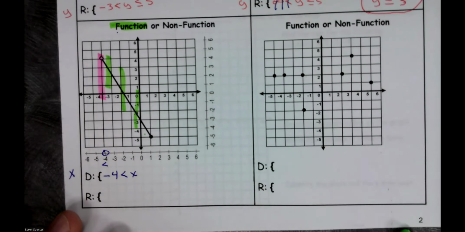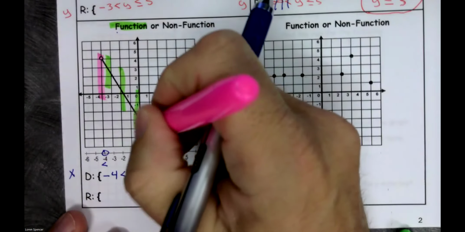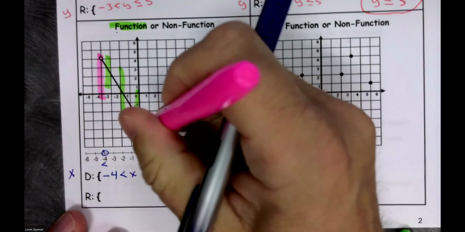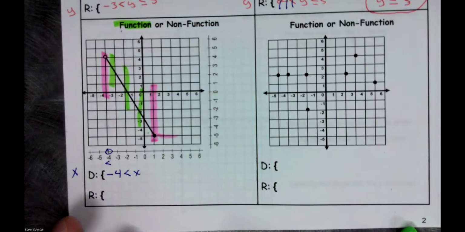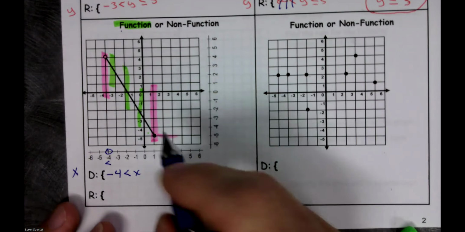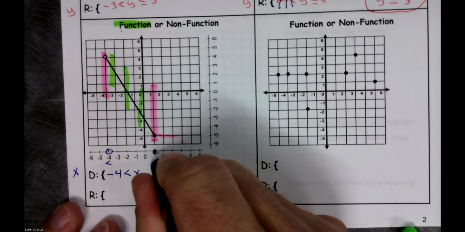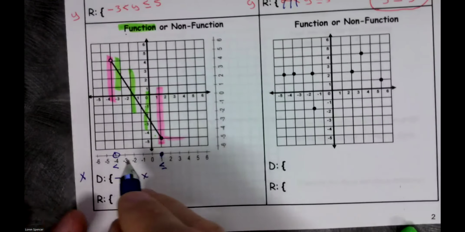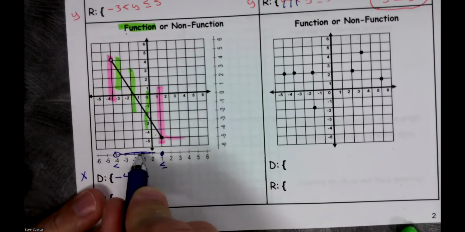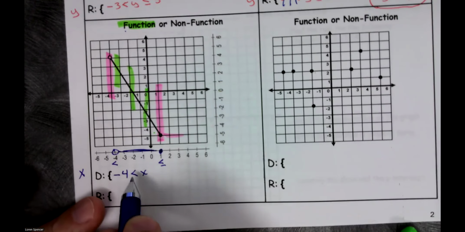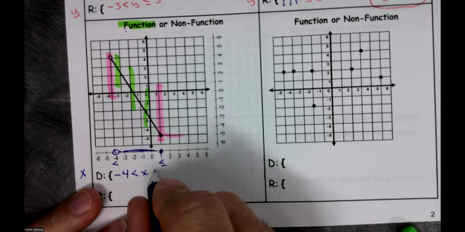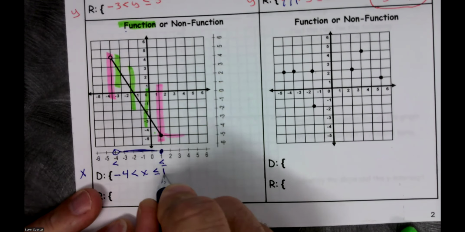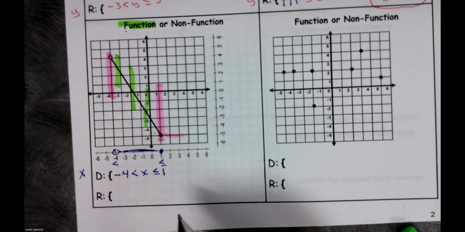And then we're going to draw furthest to the right because that gives us the largest value, and to the x-axis, and that hits it at 1. That 1 is a solid, so it gets a less than or equal to. So what this tells us is that our x value can be any value between -4 and 1. All right, so that's our domain, and that's the way you would write it.